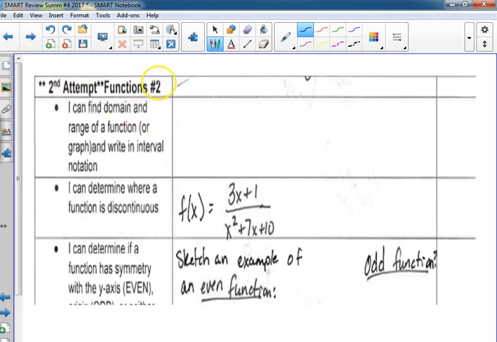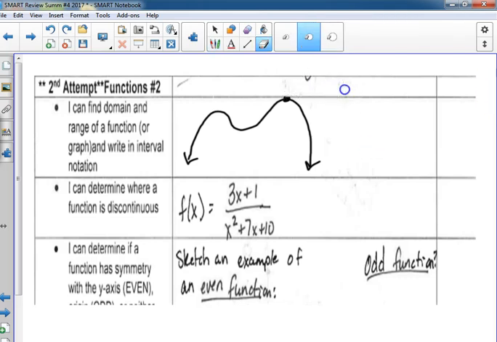Functions, number 2. This is the second attempt on this section. You have to identify domain and range. If it's an equation and it looked like this, how would you find the range? You'd have to find this max, and if that was at negative 114.3, what would you do then?